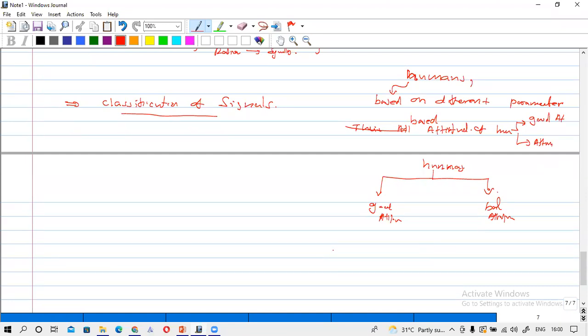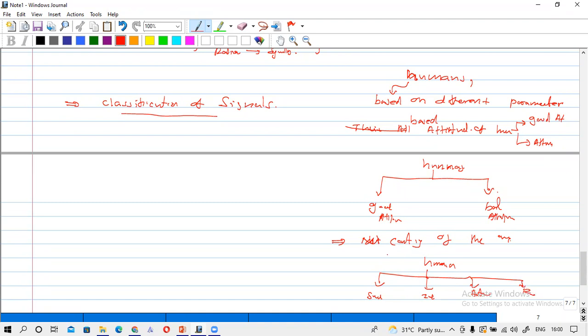If you consider the nation or the country the humans are living in, you can classify them into several groups: these are Sri Lankan persons, these are Indian persons, these are Australian, English, like this.